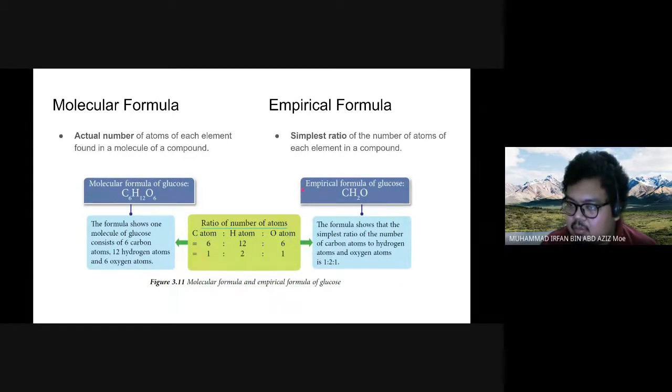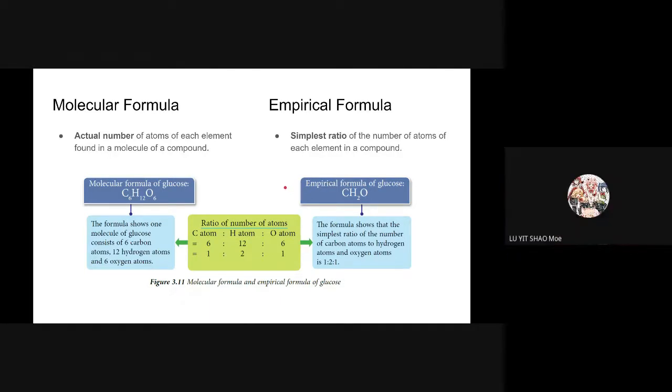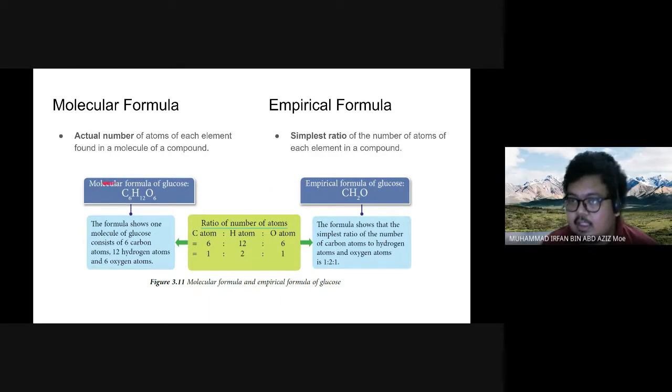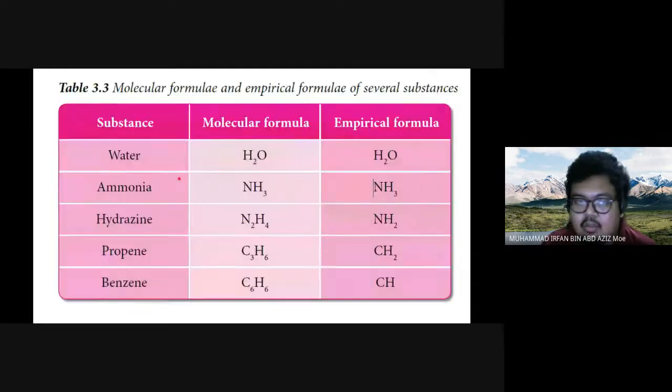However, empirical formula ni just you want to write dia punya ratio actually, in the simplest form, but you cannot use it in calculation for the number of mole. Yes, Franklin said empirical formula to know the brief structure, secara simple dia punya structure tu macam mana. But in calculation we cannot use empirical formula because they are different lah. The amount of molar mass will be different. Macam Franklin cakap. Alright.